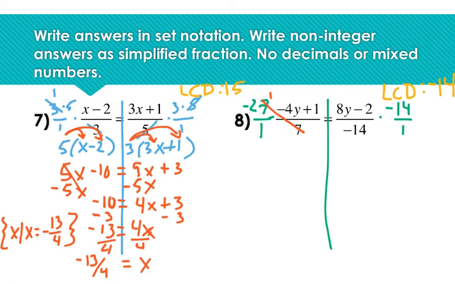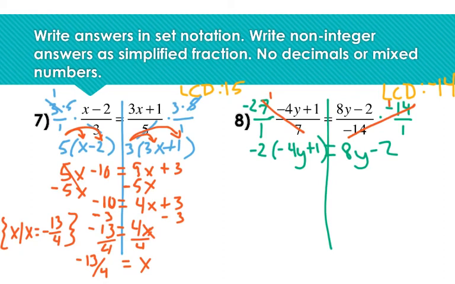And we can write what we have left as negative 2 times negative 4y plus 1. And then on the right, we can again do the same thing. We're going to simplify out the negative 14, and this is why we multiplied by negative 14. And that simplifies to 1, so 1 times 8y minus 2 is just going to be, this is nice, 8y minus 2.